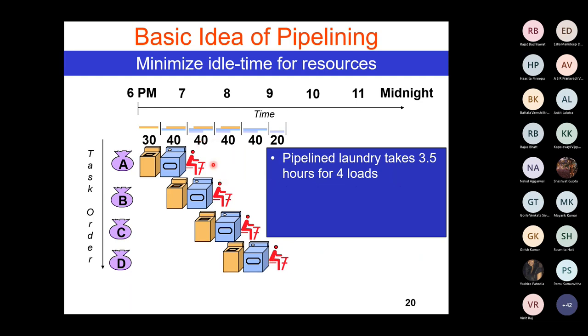But this takes 40 minutes because this guy is using the dryer. So this is 30, 40 and 20, right? Among the 3 time units, the dryer takes the longest one. You can see that the intervals for the dryer use must be non-overlapping in time. Therefore, the frontier is pushed by the amount of the longest interval.